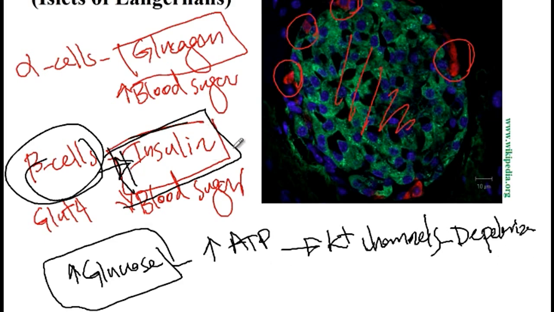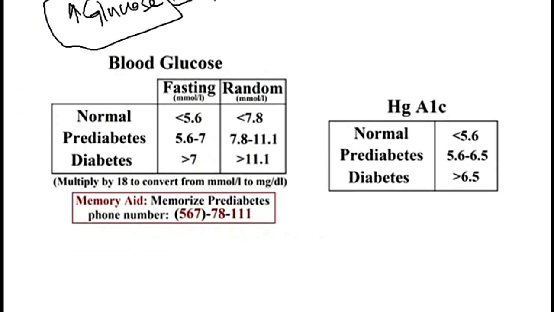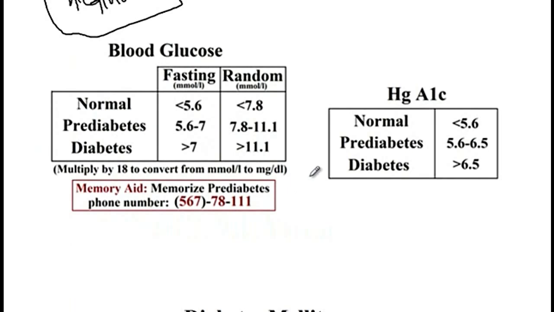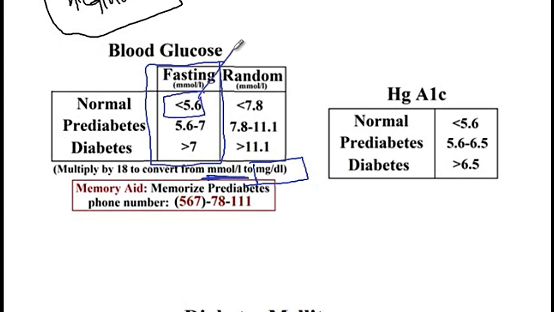Now there are certain thresholds for determining someone is having diabetes, and the thresholds are shown here. The numbers are given in millimolar per liter, and by multiplying them by 18 you can get milligram per deciliter. First look at the fasting blood sugar. If someone is fasting, normal is to have a blood sugar of less than 5.6, and if you multiply that by 18, that would be 100 milligram per deciliter.